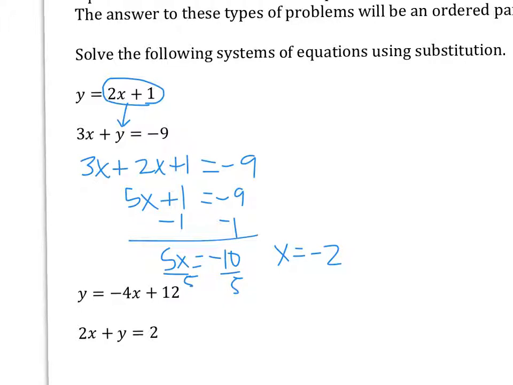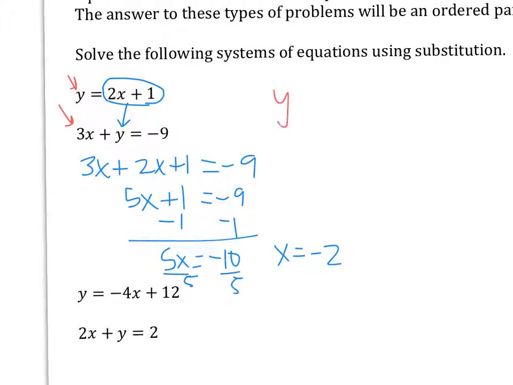So I'm going to substitute this x equals negative 2 back into an equation, either one, the first here or the second, and solve for y. Whichever one would be easier to plug in for, I would do. And the first equation would be much easier to plug in for y, because y equals 2 times whatever x is plus 1, right?